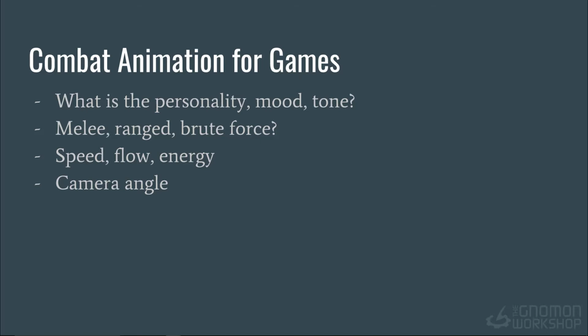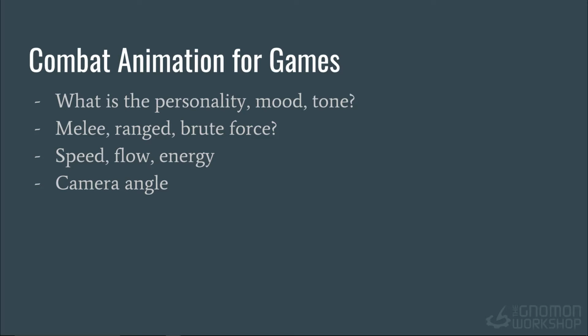You don't want to spend all your time in Maya creating from a three-quarter angle and saying, this looks great from this angle. And you put it in the game and it's a top-down game, right? And you weren't looking at it from that angle ever before. So you always want to be thinking about how your combat reads from your camera angle.